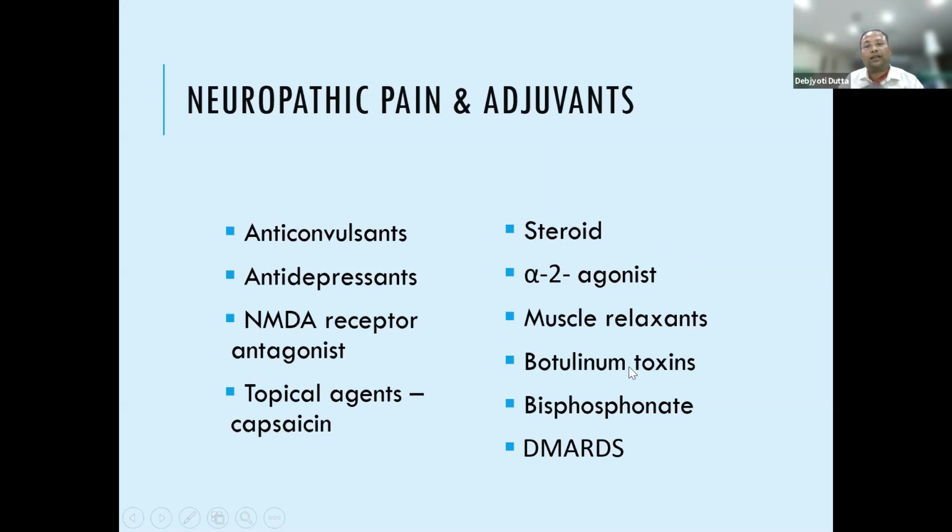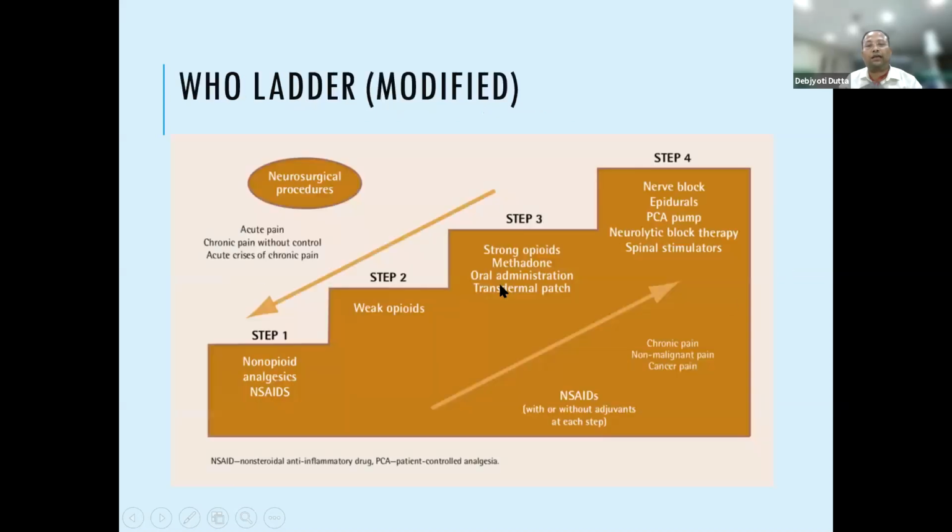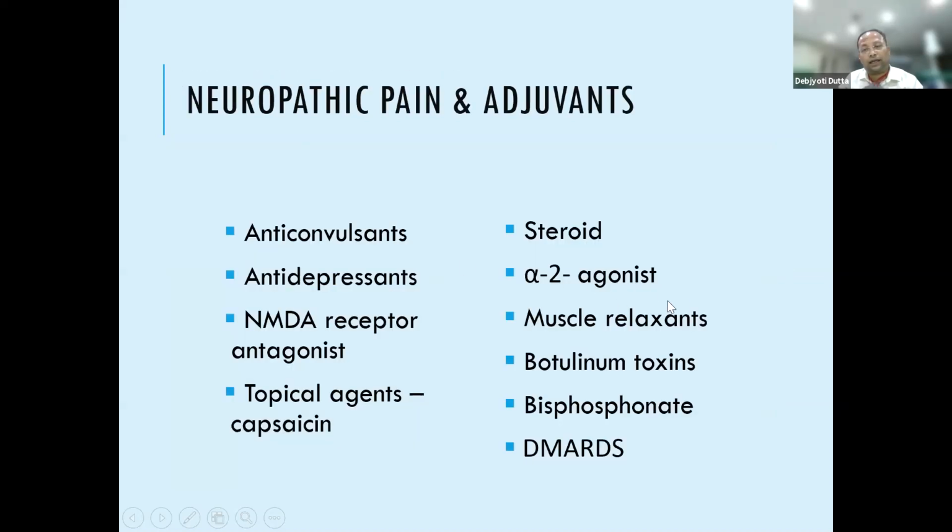And then muscle relaxants, these are not directly working in pain treatment, but these are adjuvant drugs. So muscle relaxants, botulinum toxin, they cause relaxation of the muscle, because muscle spasm many times causes the pain. Like botulinum toxin, why do we use it?